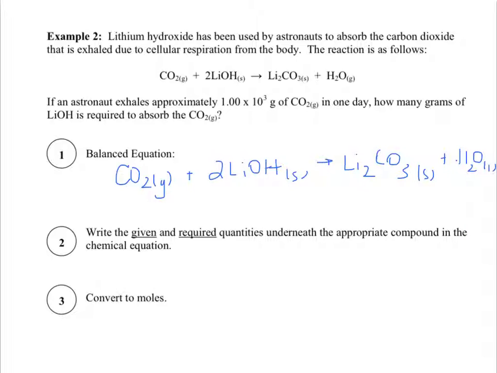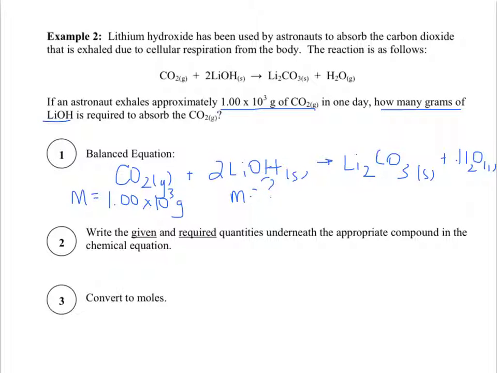And the problem tells us that we have 1.00 times 10 to the 3 grams of CO2, and we want to find out how many grams of LiOH is required. Okay, so our mass of CO2 is 1.00 times 10 to the 3 grams, and we want to find out the mass of LiOH.